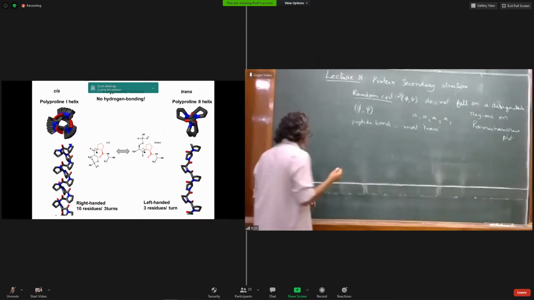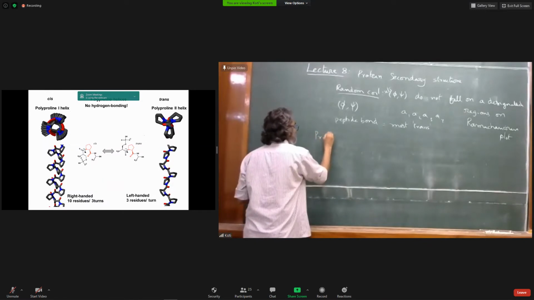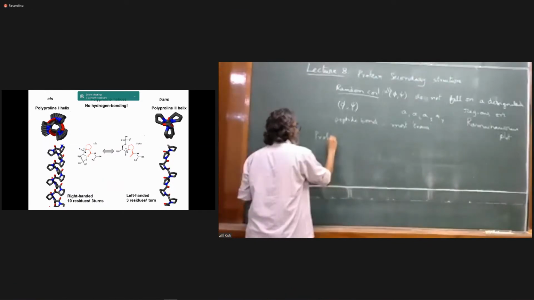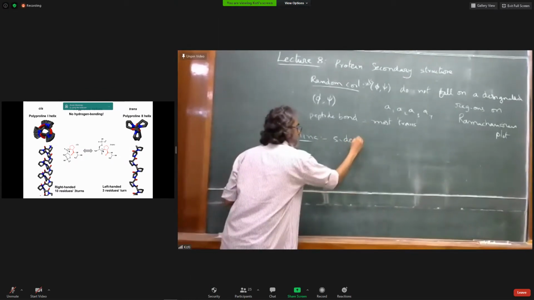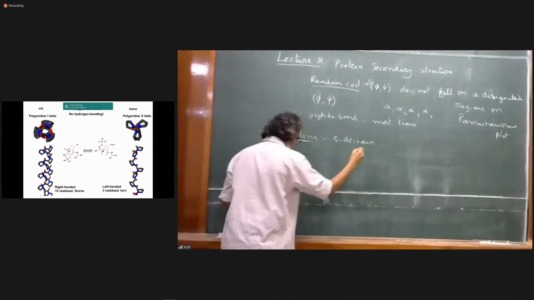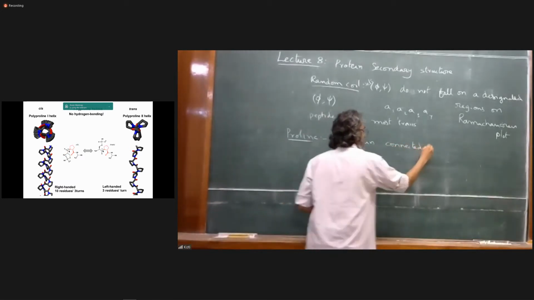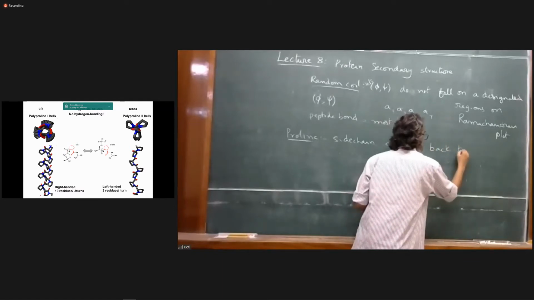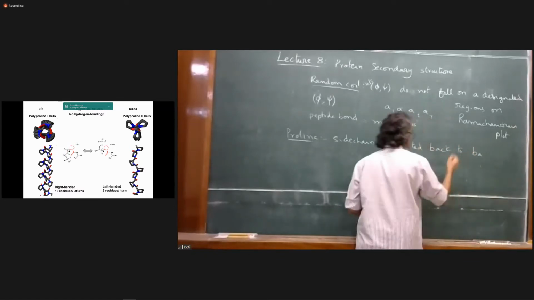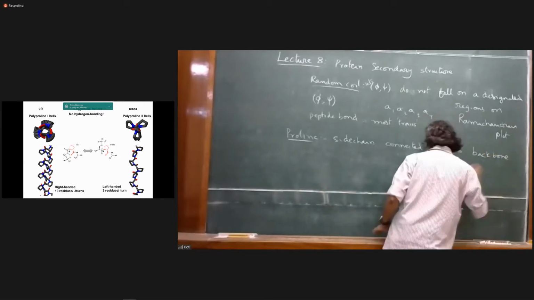However, when it comes to proline, proline is an interesting amino acid, whose side chain is connected back to the backbone. That's its uniqueness.